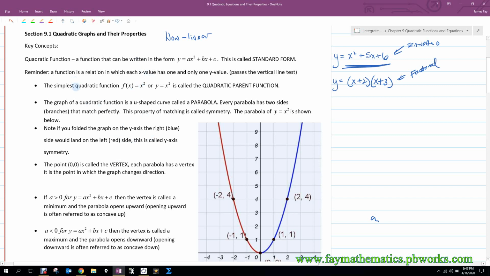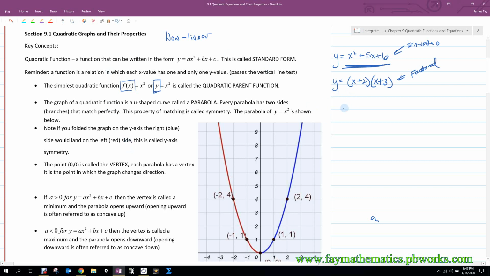That's what it means to be a function. A lot of times, since we know it is going to be a function, instead of using y, where it says y equals x squared, they will say f of x equals x squared instead. That there and that there are the same thing.